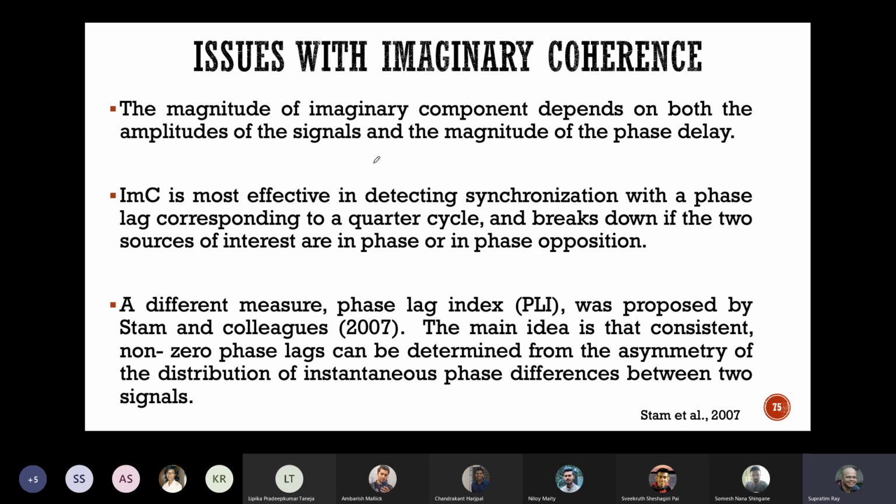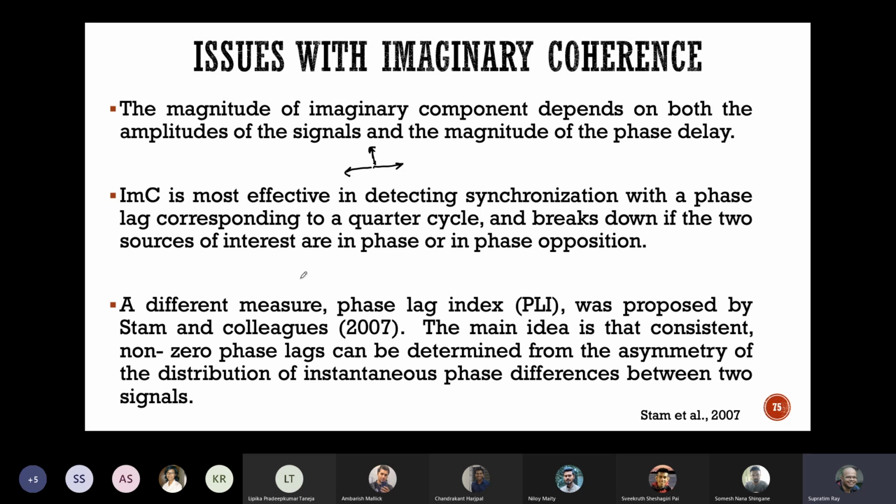But if two signals are completely in phase, so the vectors look like this, or even out of phase, so that it looks like that, then also the imaginary component is 0. And this is absurd, because it can't be out of phase because of volume conduction either. So unfortunately, you need to have vectors that are pointing in this direction to have a strong imaginary coherence. So this is also sort of biased in this case.